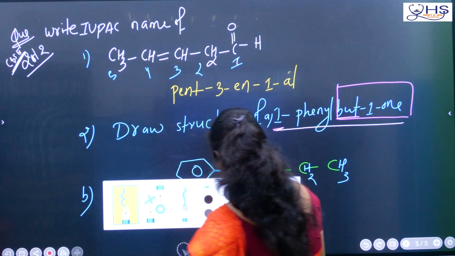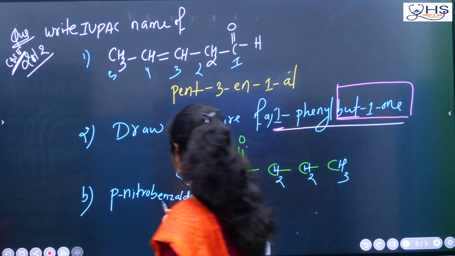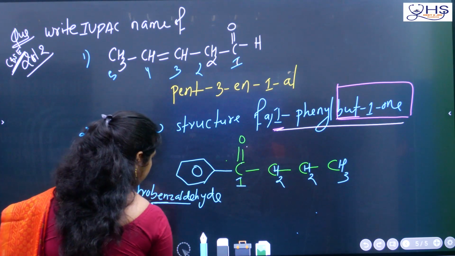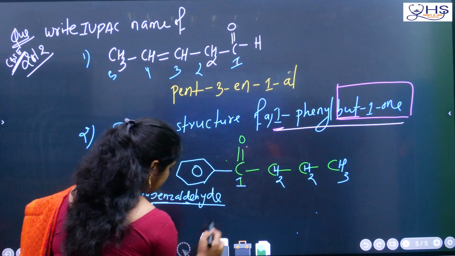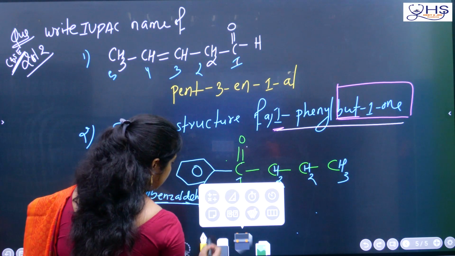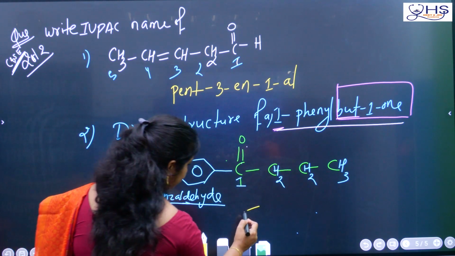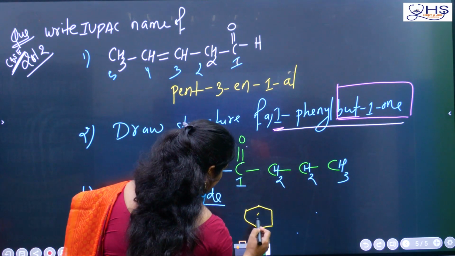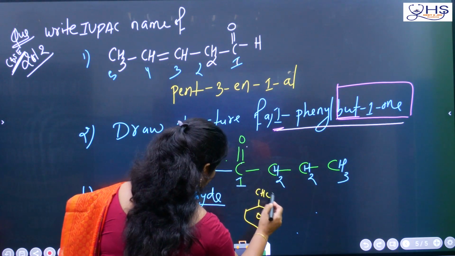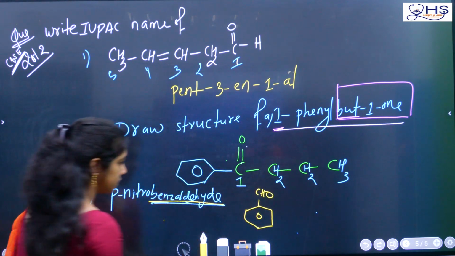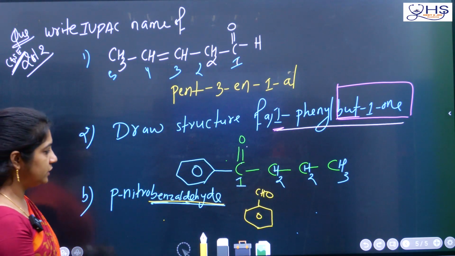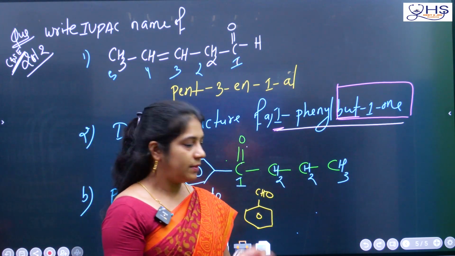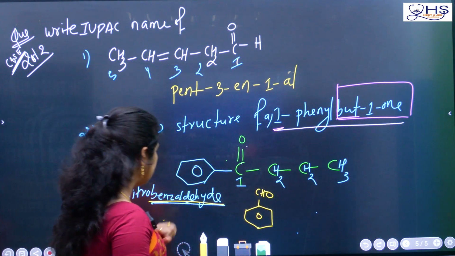What I told you, first you focus on the center part, benzaldehyde. Already you know benzaldehyde means what? Benzene ring and CHO group. So, we have to draw a benzene ring and here we have a CHO group. This center part towards the end you have to focus first. On a benzene ring, if you have CHO, we call it benzaldehyde.